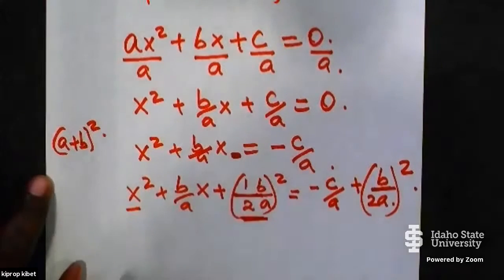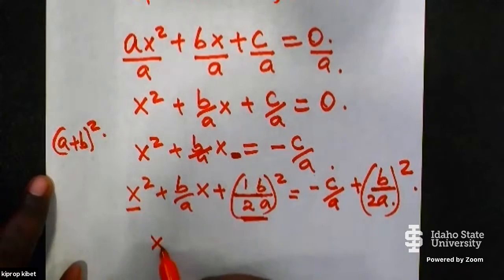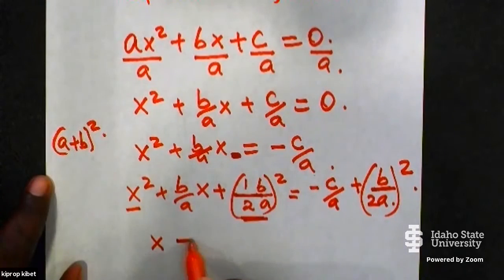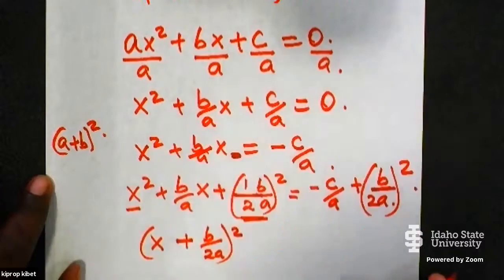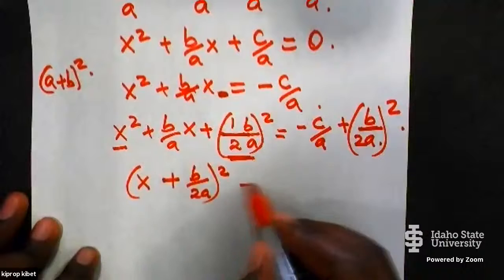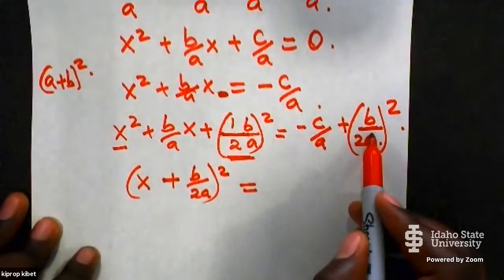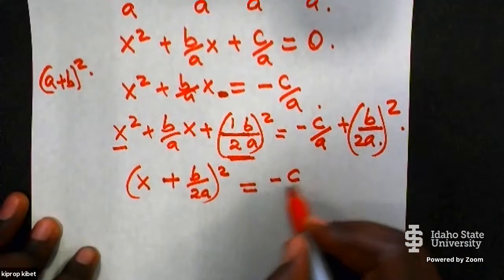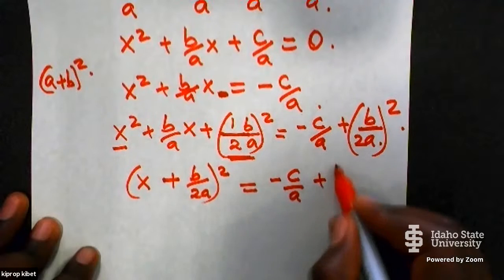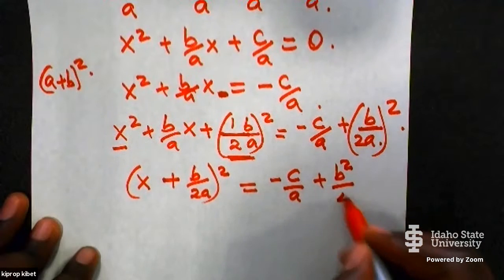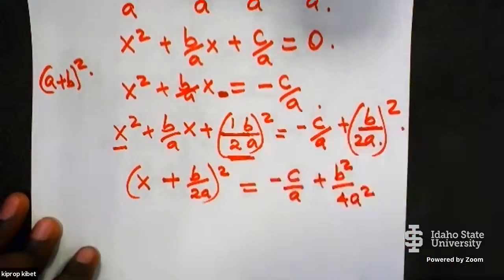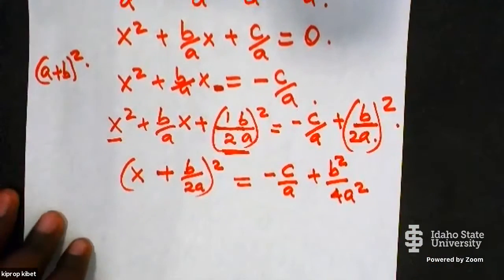So now here, x plus b all over 2a squared equals what? Equals this one now, minus c all over a plus b squared all over 4a squared.